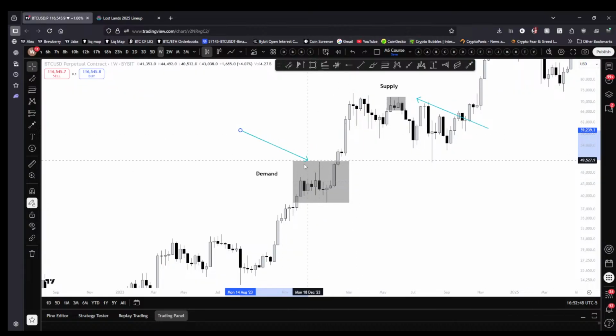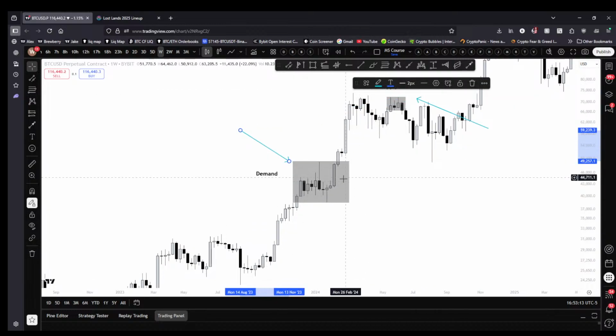And by coming back to the demand range, anyone who FOMO'd on the move up would be stopped out and then just see it go up again, right? So it's a way of clearing liquidity in the books and engaging those previous orders from the demand range that results in a strong move up, right?